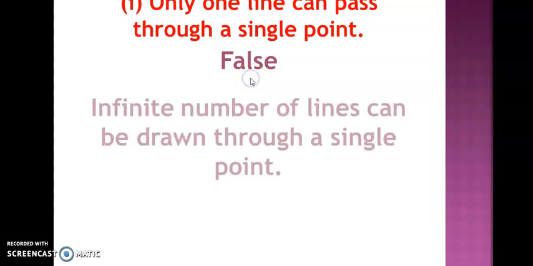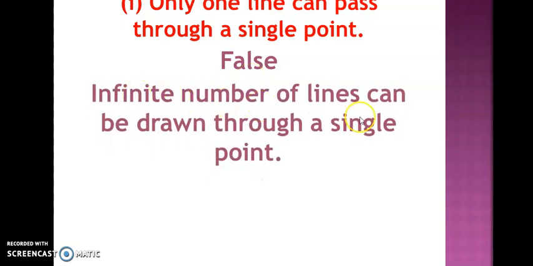Here, they told that only one line can pass through a single point. Do you agree with this statement, children? Is it true or false? Yes, good. This statement is false. How is this statement false? Yes, an infinite number of lines can be drawn through a single point.